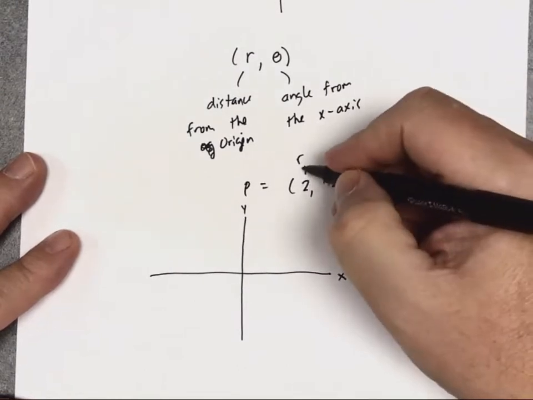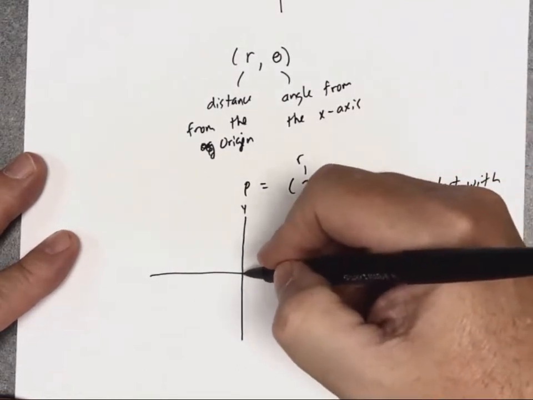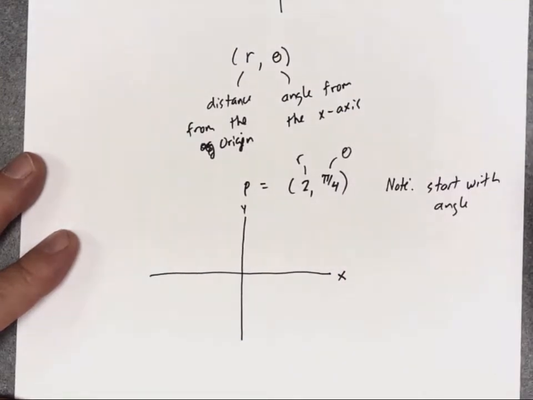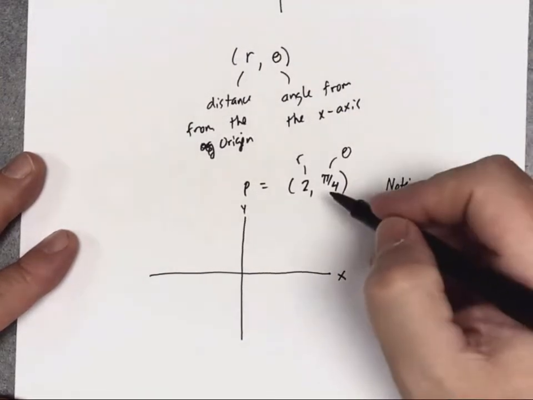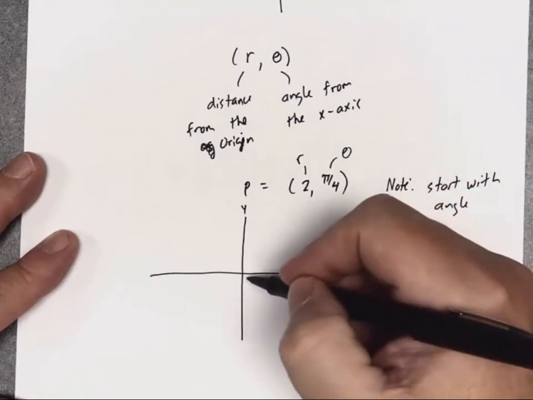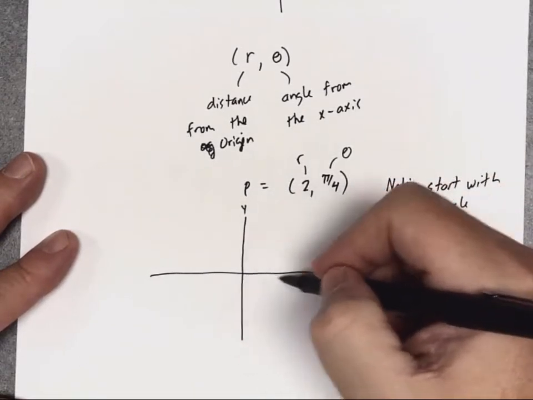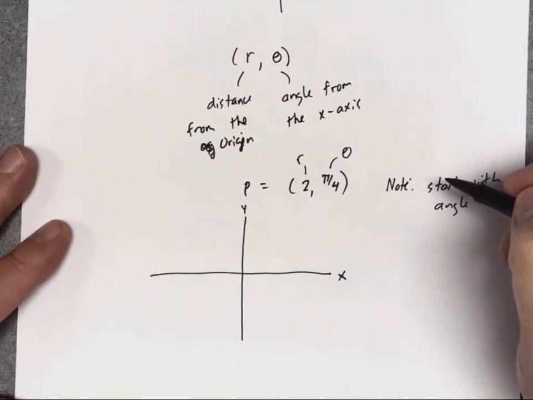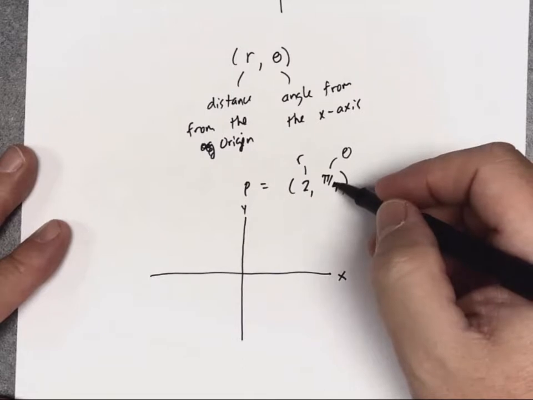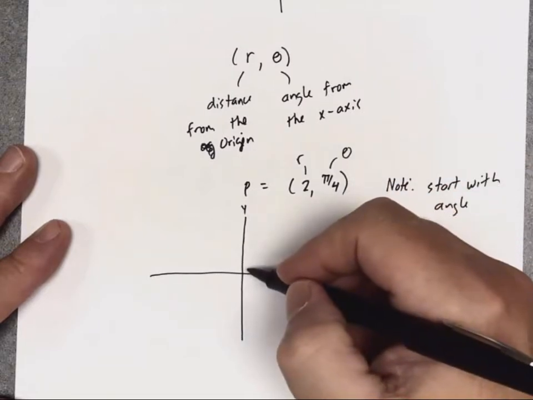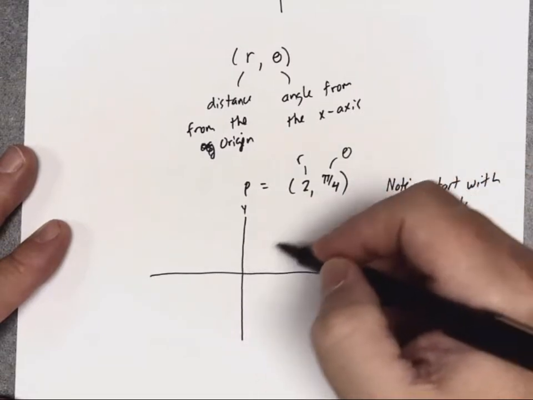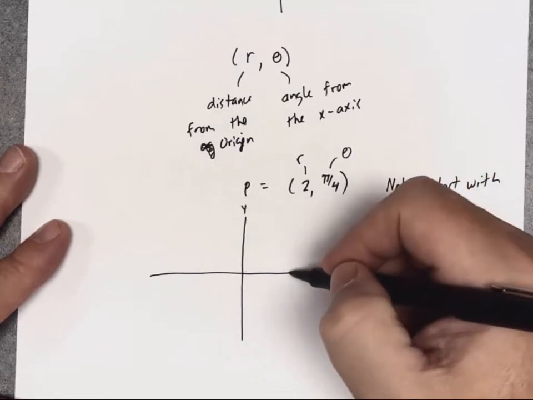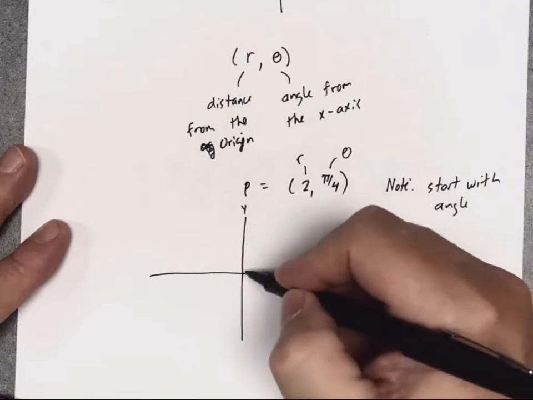So r is like the distance or the length from the origin to the point, and this is like my angle. So starting with the angle first means go to the angle of pi over 4. We're assuming that the x-axis, like always, is the starting point for angles. And if we think back to the unit circle, pi over 4 is halfway between the x-axis and the y-axis.